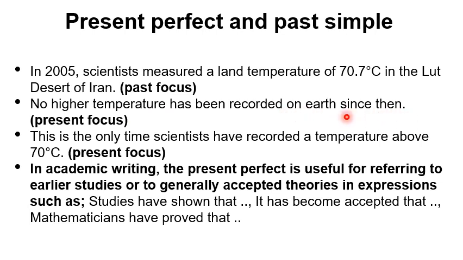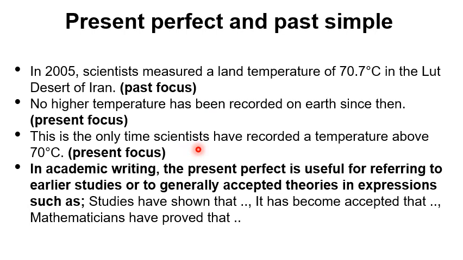When we say "since then," we focus on the present. So we can understand that the sentence focuses on the present, not on the past, but it talks about events that occurred in the past.